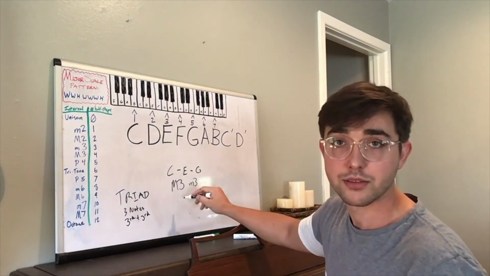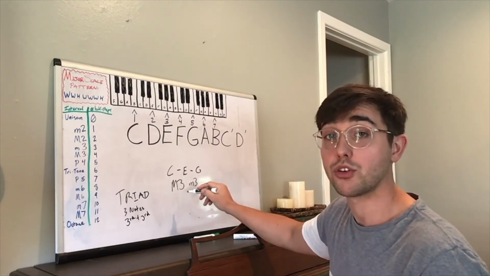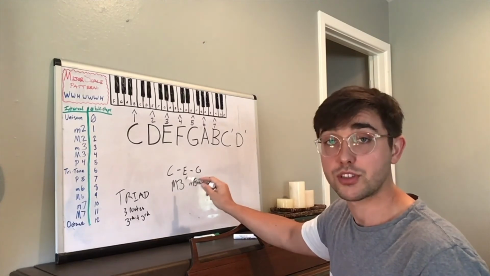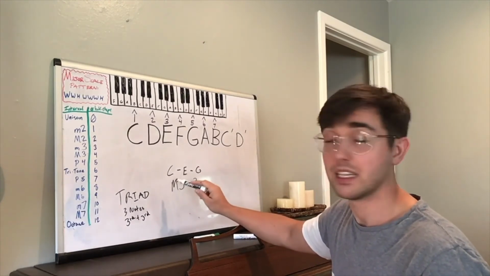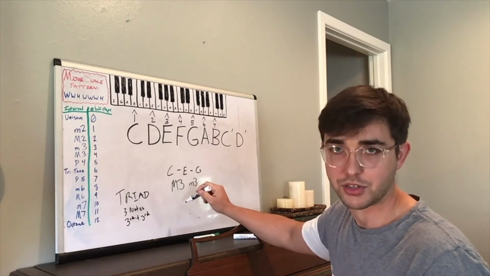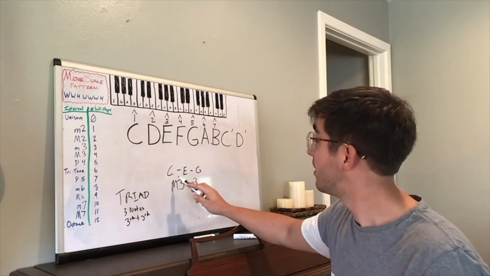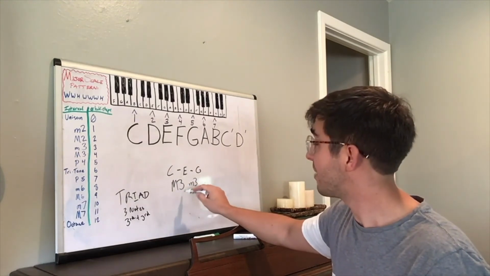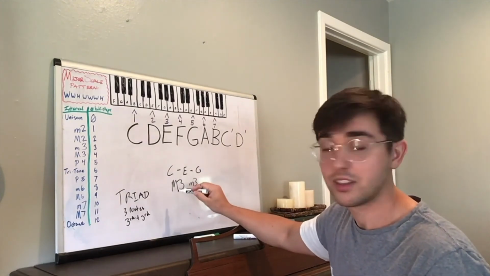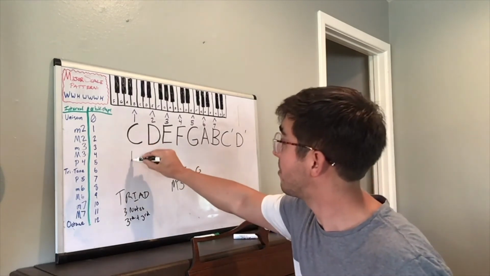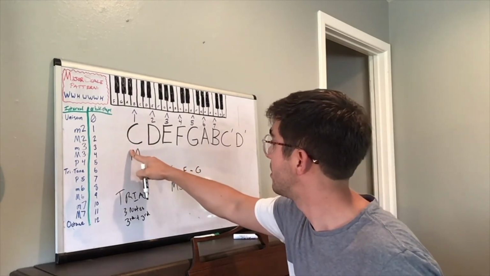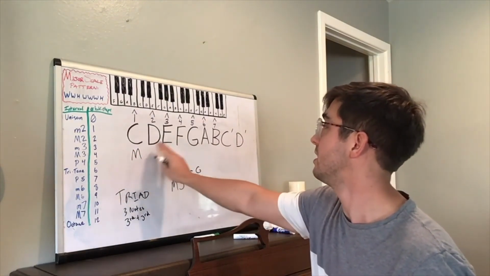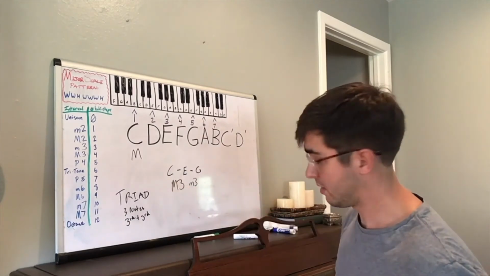Now in either a major or a minor triad, the quality of the first third, so C to E, is what tells us what the quality of the entire triad is. So a CEG in C major is a major triad. Our triad built from scale degree 1, which is C, E, G, is major.